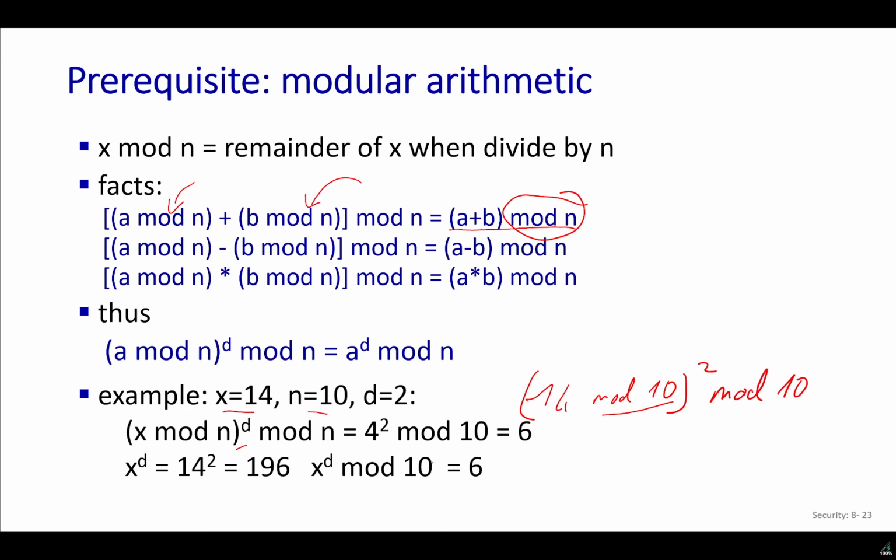That's basically 4 to the power 2, or it's identical to first calculating it. If you would skip that, 14 to the power of 2 is 196, mod 10 is also 6. So it's always the same. You can sprinkle this mod everywhere. That's one key observation.